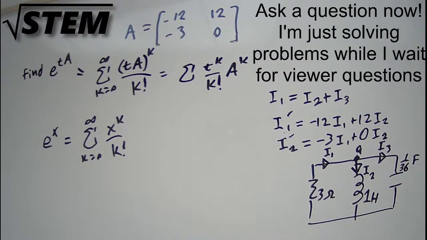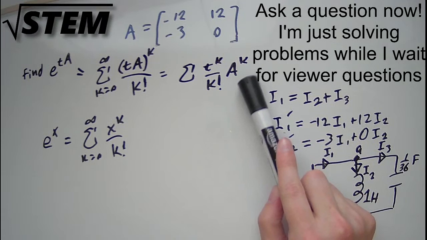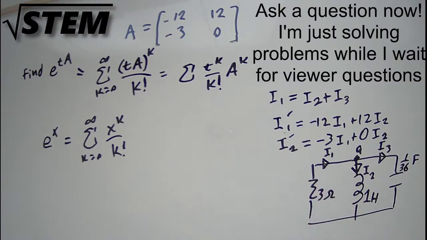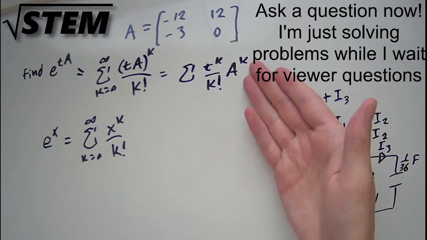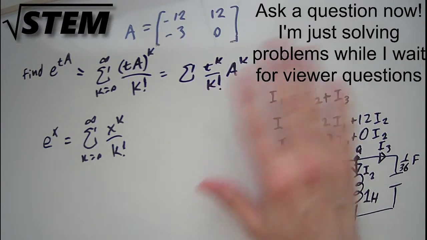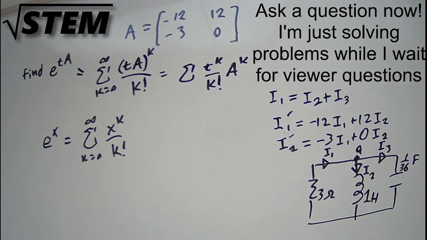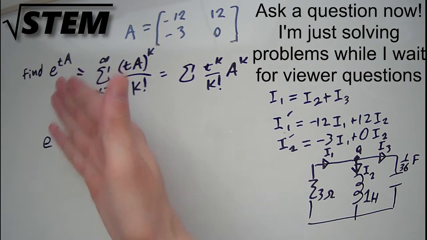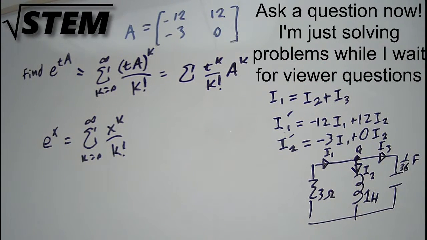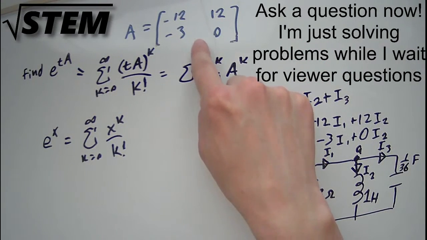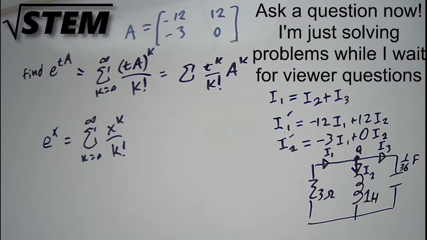So if you have a matrix where it's really easy to compute certain powers of it, or you have a matrix which after you reach a certain power it all becomes 0, then you can have a really easy finite sum of matrices to compute this directly. I don't think this is going to be one of those matrices.